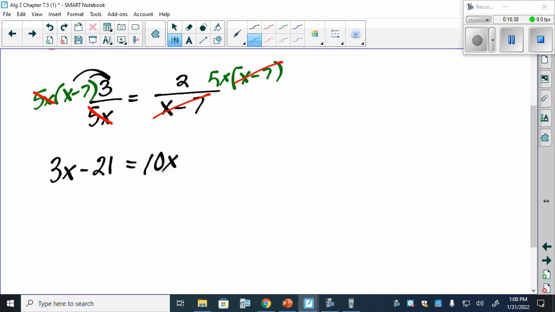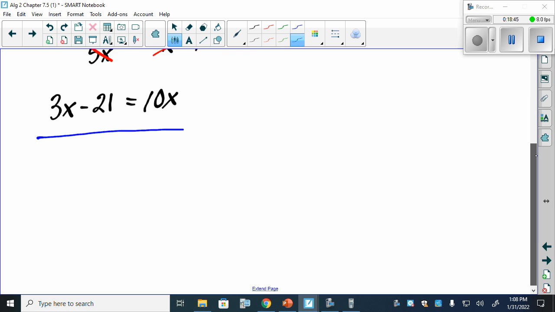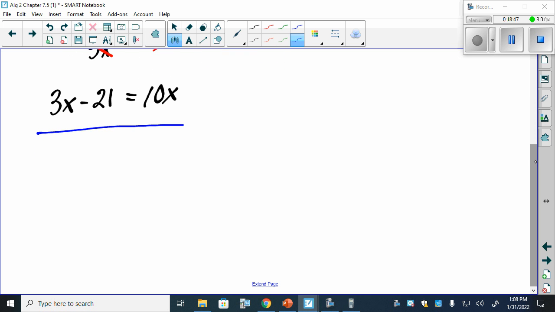Well, what can we do next? Well, we can subtract the 3x from both sides, because again, we're trying to solve for the value of x, get x by itself. 3x minus 3x is 0.